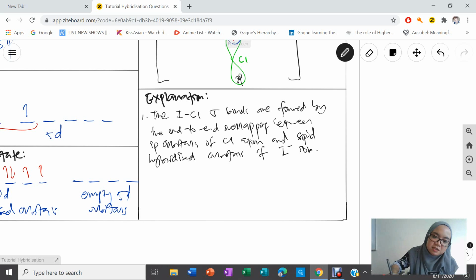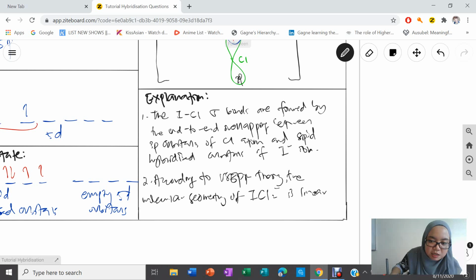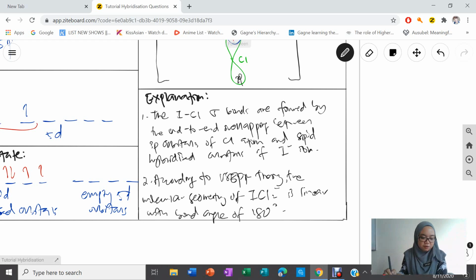Okay, this is the first explanation. Second, according to VSEPR theory, the molecular geometry of ICl2 minus is linear with bond angle of 180 degrees.